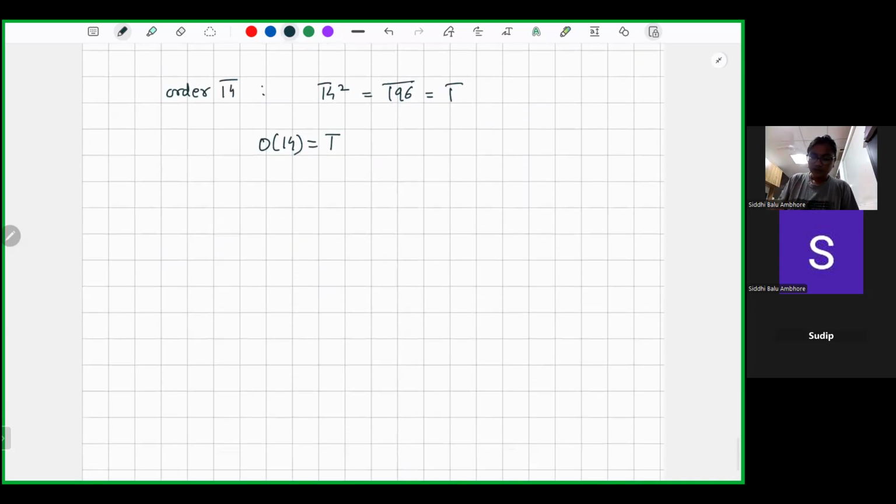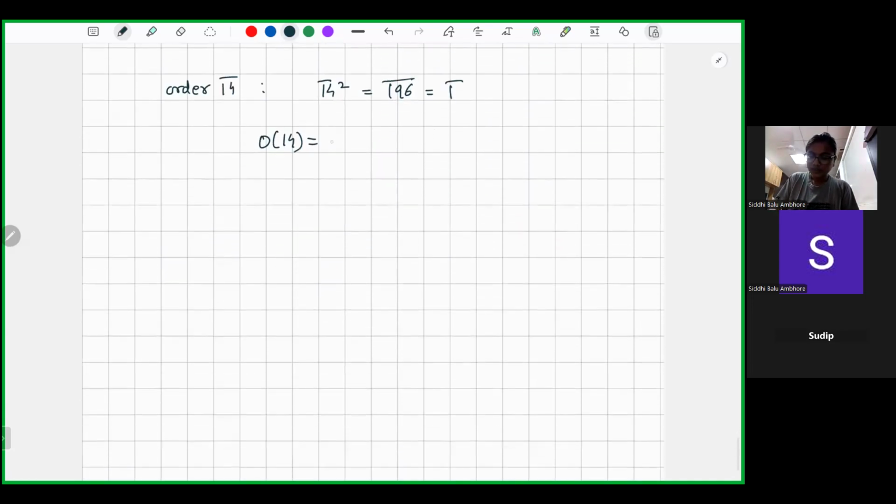So yeah, this is directly 1 bar. So the order of 14 is therefore 2.